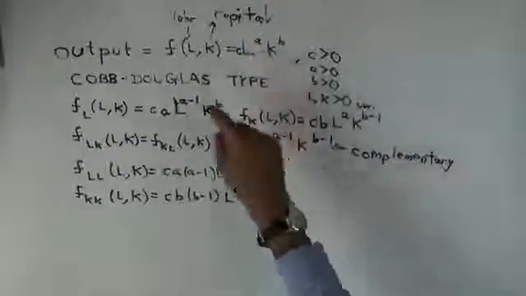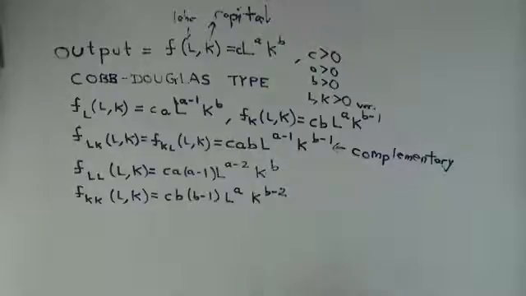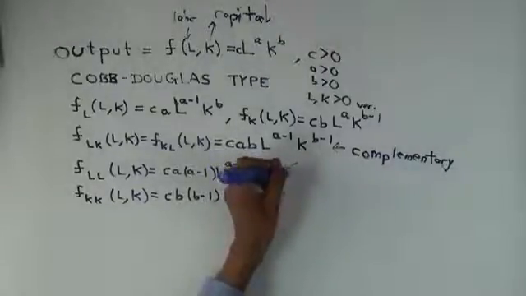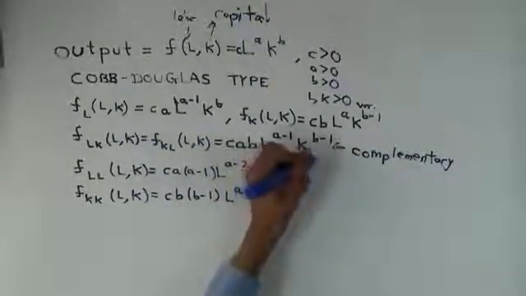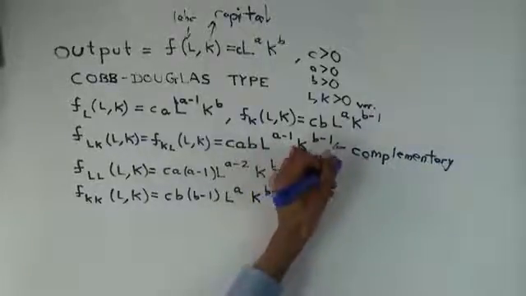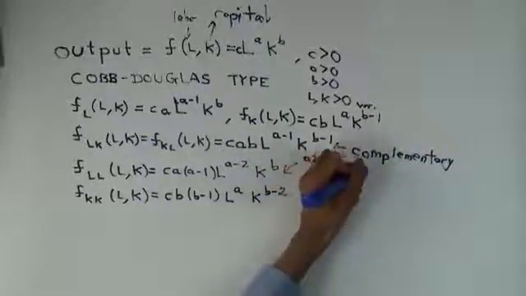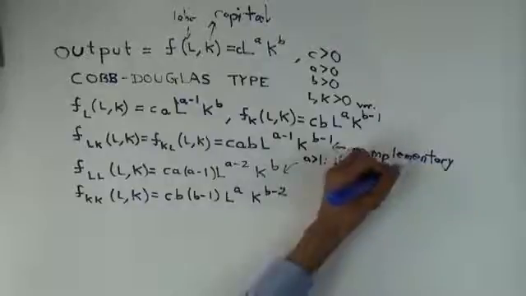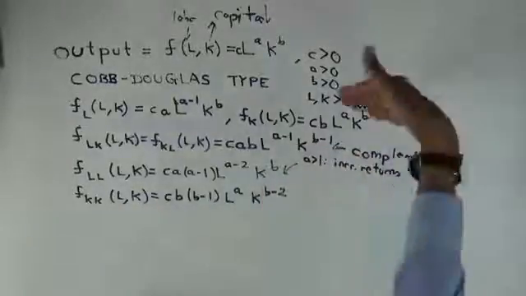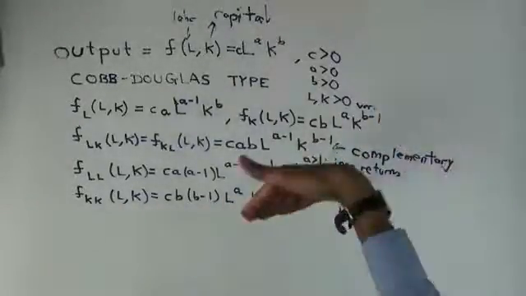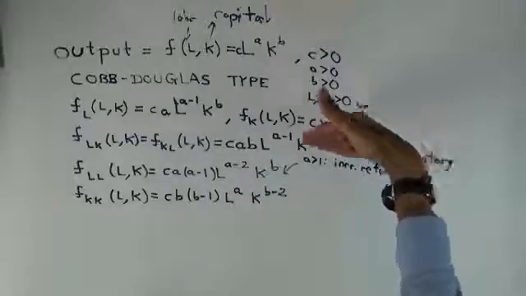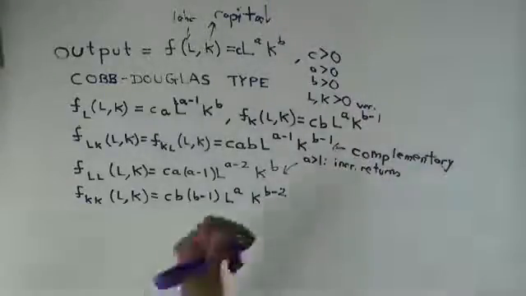It would just be linear in labor, and the second derivative is zero. This is related to the fact that if you graph x to the n, it's concave up if n is greater than 1, straight if n is equal to 1, and concave down if n is less than 1. So it's the same thing.